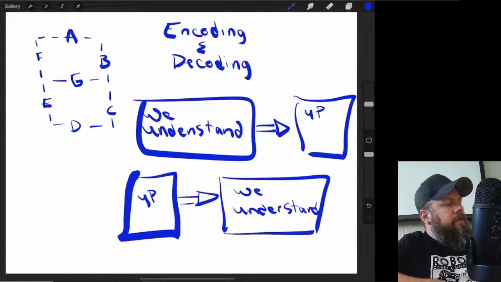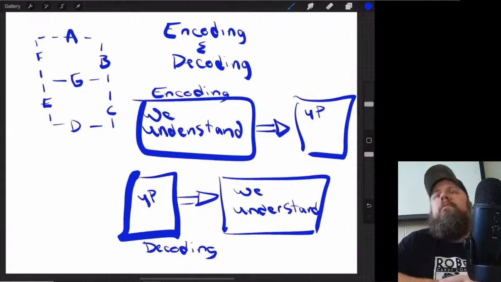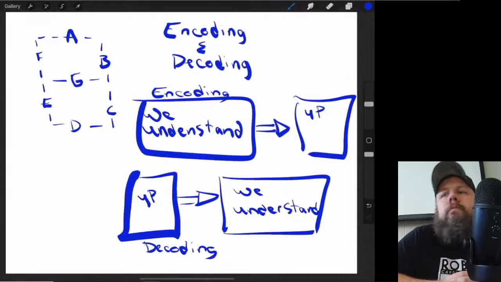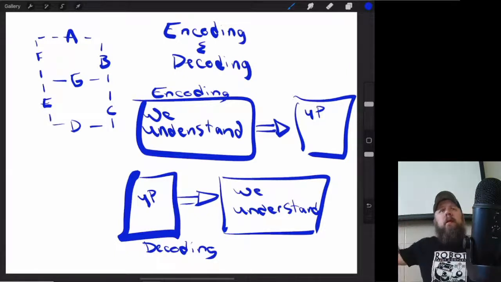Okay. So this is encoding. This is decoding. It's a micro P for microprocessor. Now, it doesn't matter what scheme you use to encode something. It really doesn't. It's not black magic.